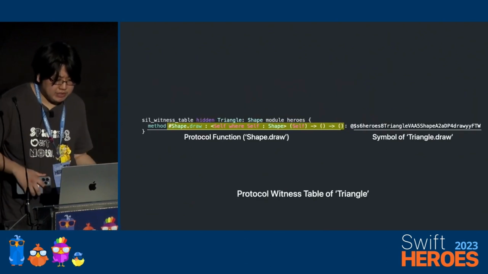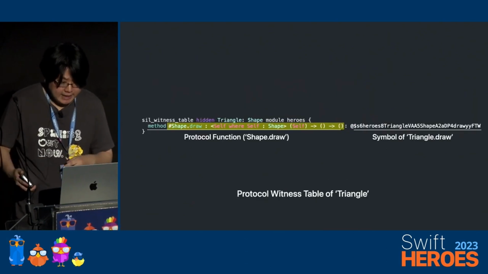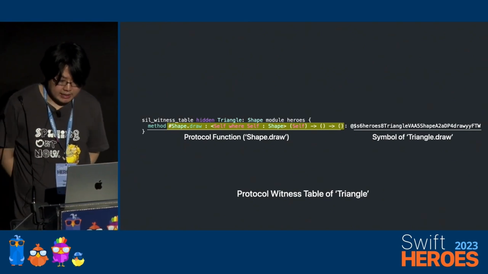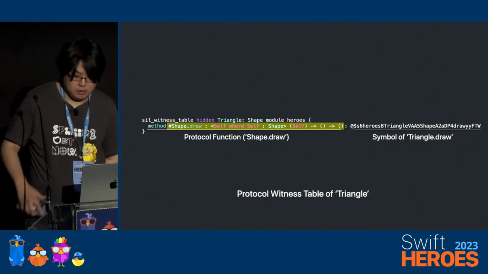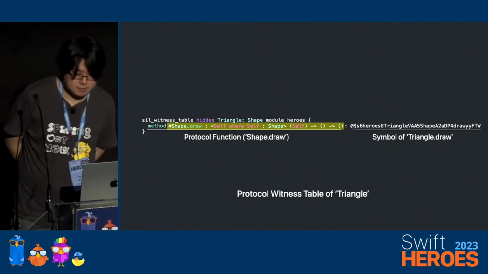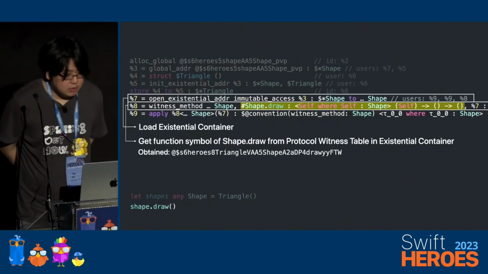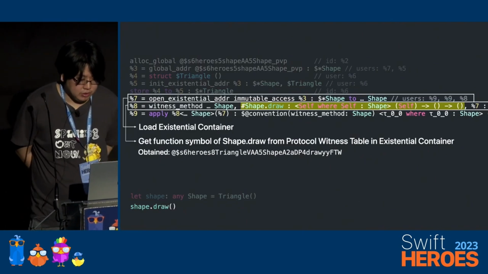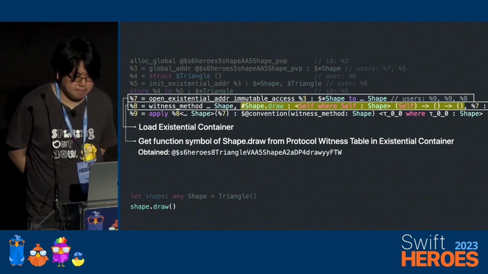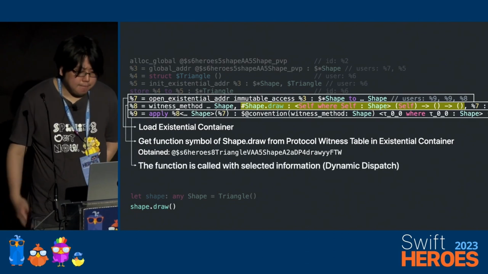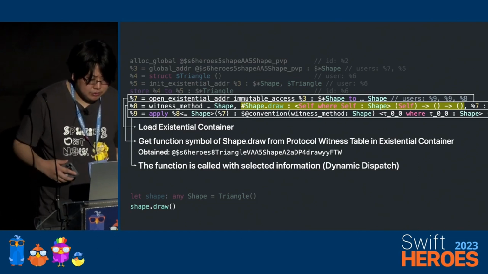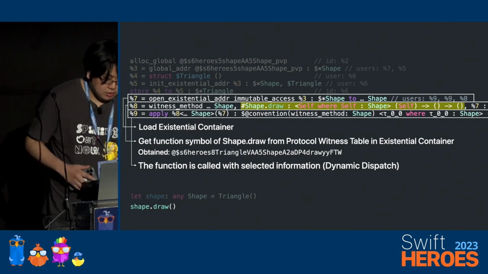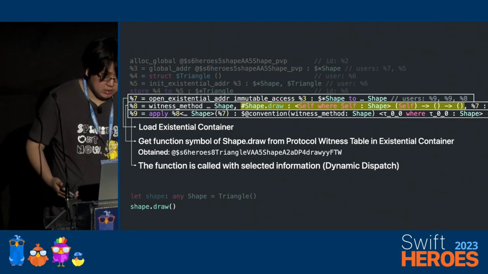In the generated protocol witness table, there is the same item as the yellow part. So the symbol of Triangle draw in the right item is passed as information of the function to call. Triangle's draw is now obtained as a function to call and assigned to %8. Now, the function in %8 is called with the loaded existential container %7. This is the actual code doing dynamic dispatch with the existential container.